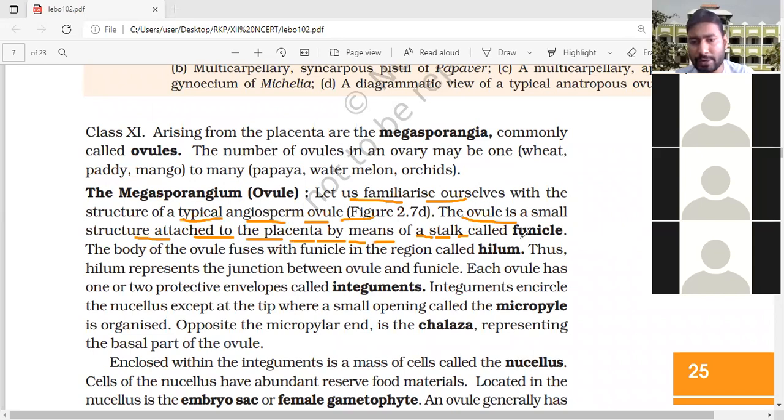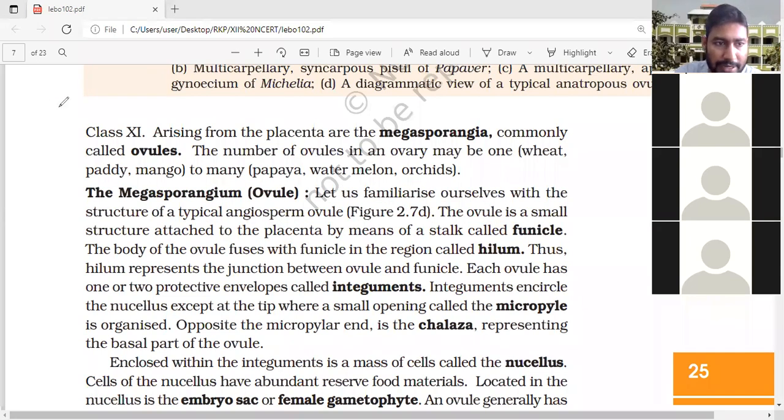I told you, funicle. Funicle means a stalk-like structure by which ovules get attached to the placenta. What is the funicle? I'm writing again. Just look.